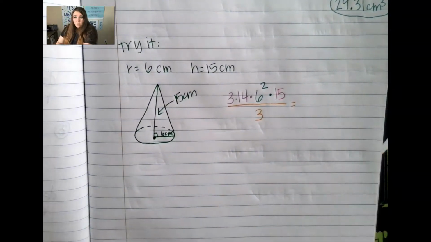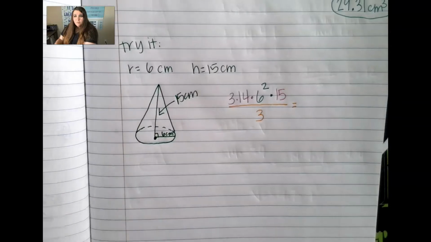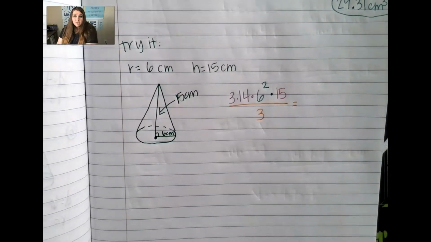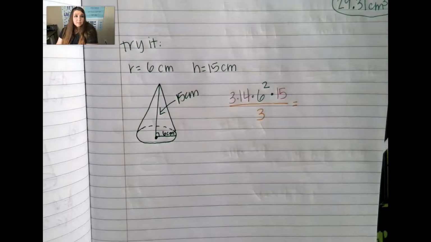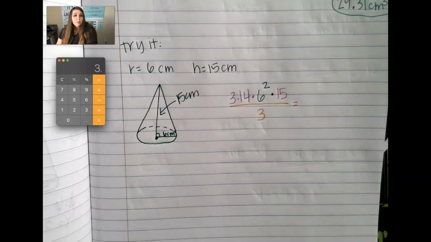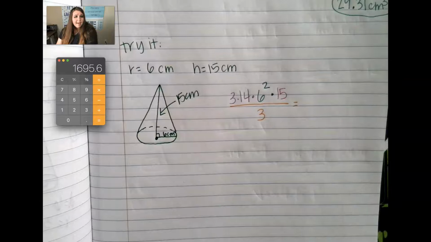All right, so 3.14 and 6 squared, we know 6 squared is just 36 because 6 times 6 is going to give us 36. So 3.14 times 36 gives us 113.04 times 15 for the height.